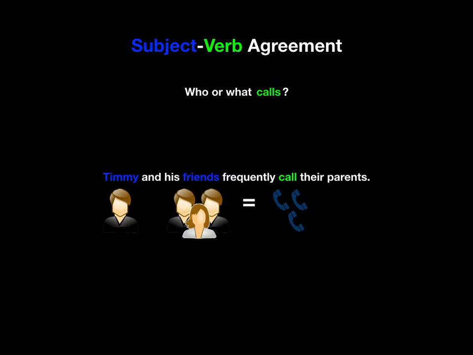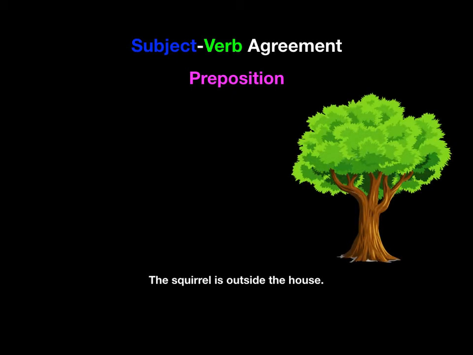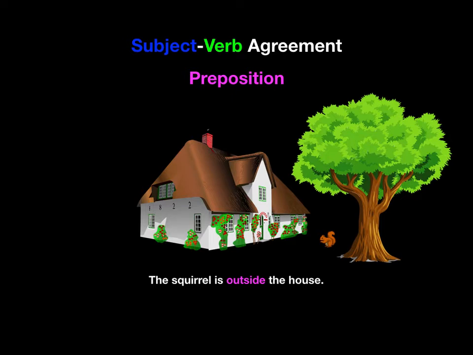While these may seem relatively straightforward, it's going to get a little more complicated with the next few concepts that we introduce. So let's discuss how prepositions influence subject-verb agreement. Before we begin, let's have a quick review of what prepositions are. In the sentence, the squirrel is outside the house, we have a preposition in the word outside.